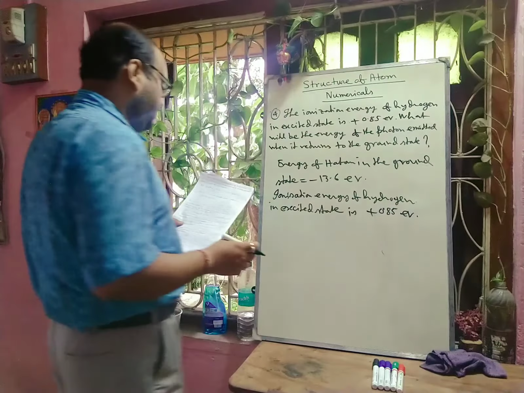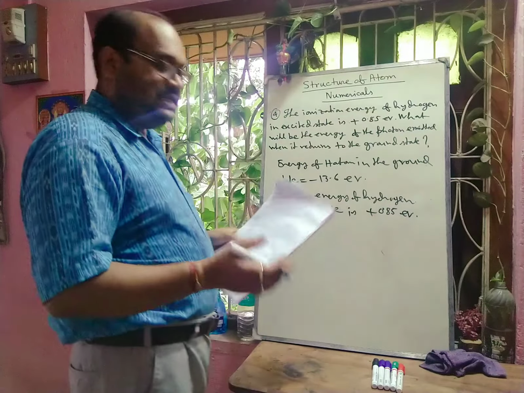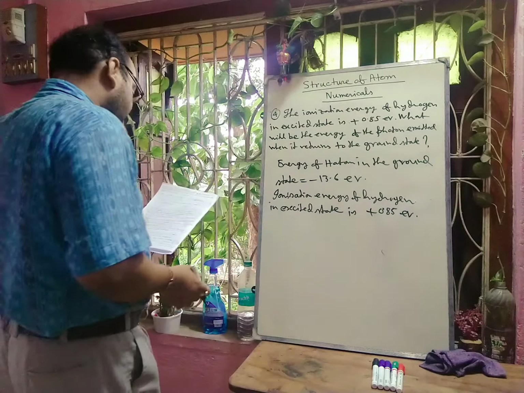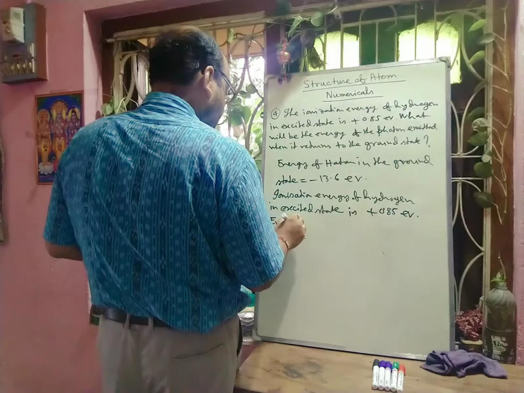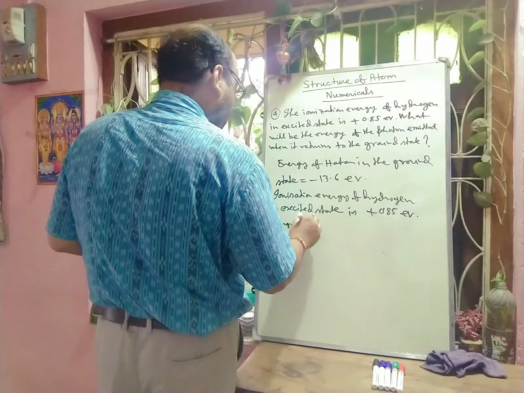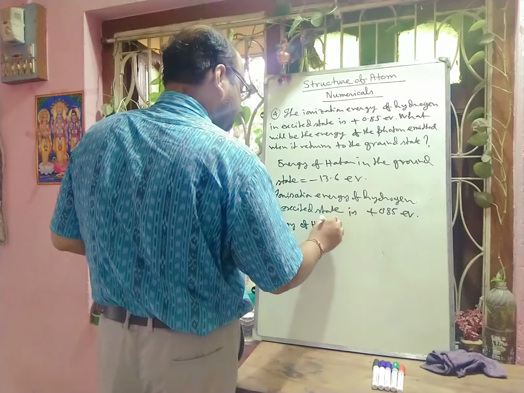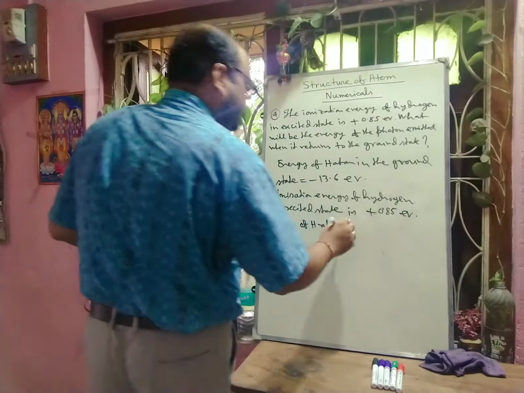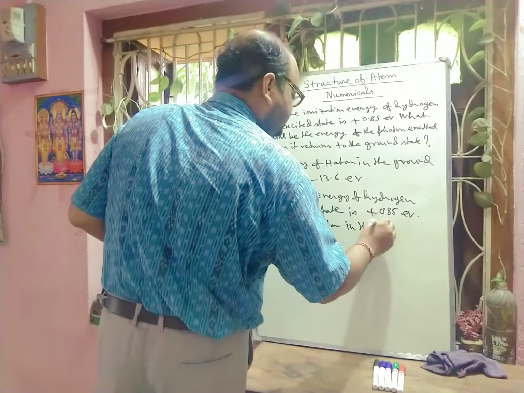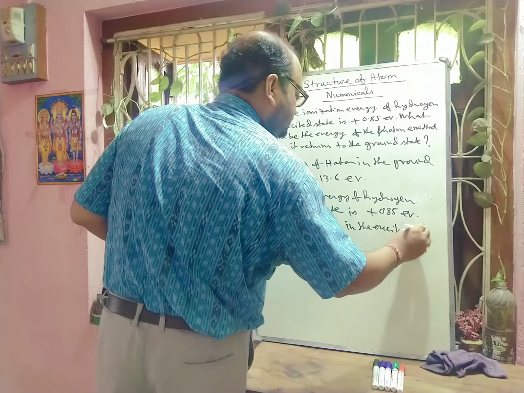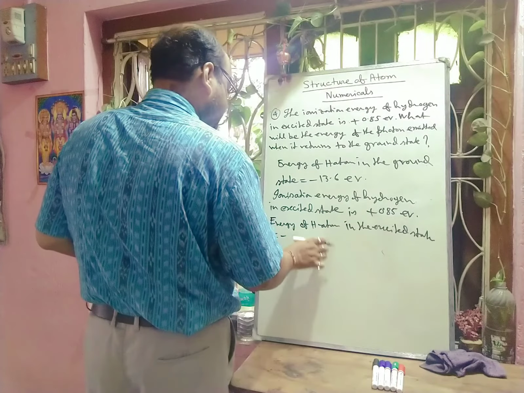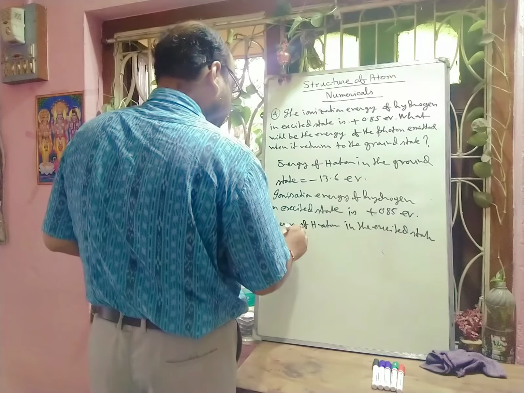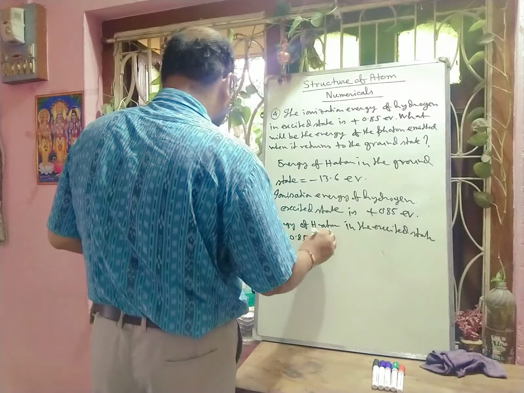So the energy of hydrogen atom in the excited state will be minus 0.85 electron volt. Okay.